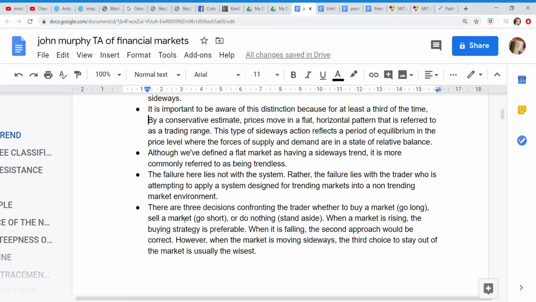There are three decisions confronting the trader: whether to buy a market, go long, sell a market, go short, or do nothing, stand aside. When the market is rising, the buying strategy is preferable. When it is falling, the second approach would be correct. However, when the market is moving sideways, the third choice, to stay out of the market, is usually the wisest.